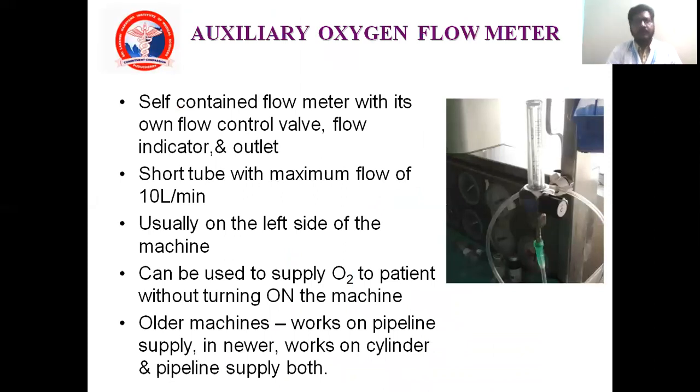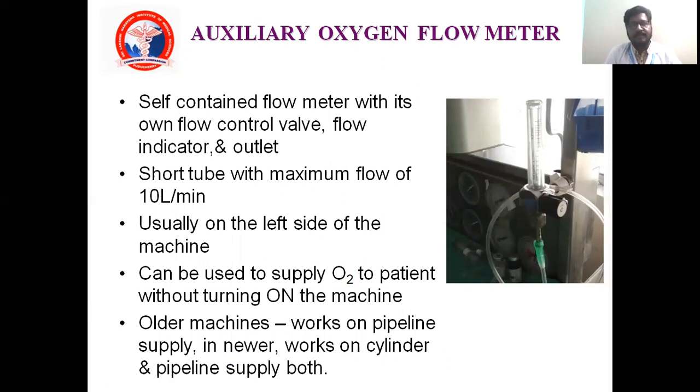Now coming to the auxiliary oxygen flow meter. In every Boyle's apparatus, we can see the auxiliary oxygen flow meter. It is a self-contained flow meter with its own flow control tube, flow indicator, and outlet. It is a short tube with a maximum flow of 10 liters per minute, unlike oxygen flush, which can give 35 to 75 liters per minute.